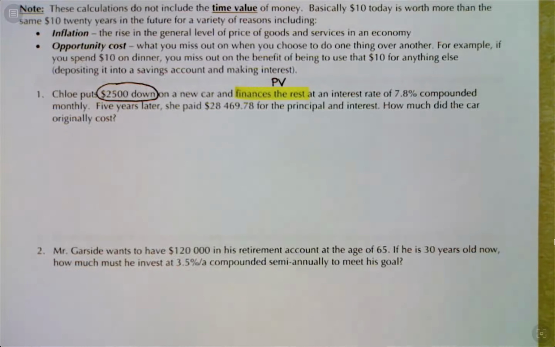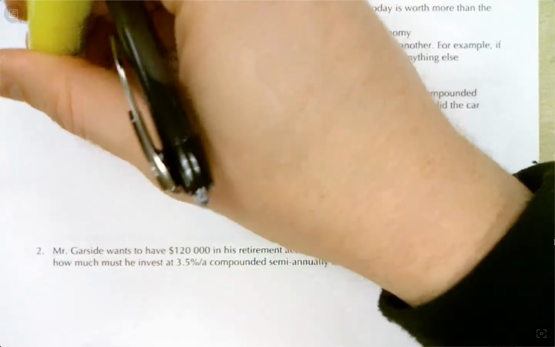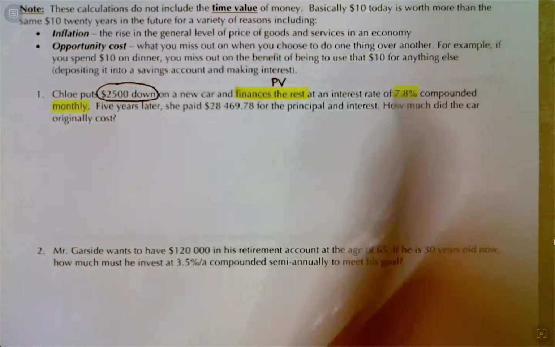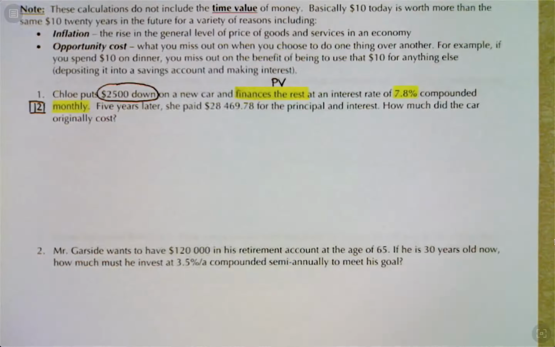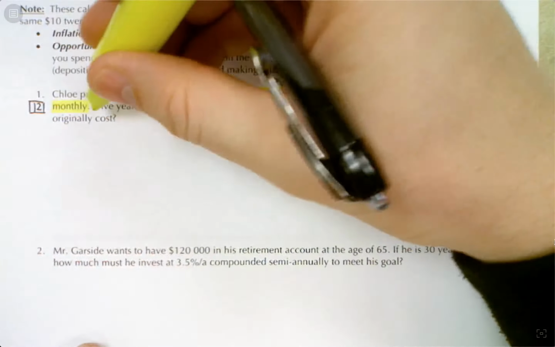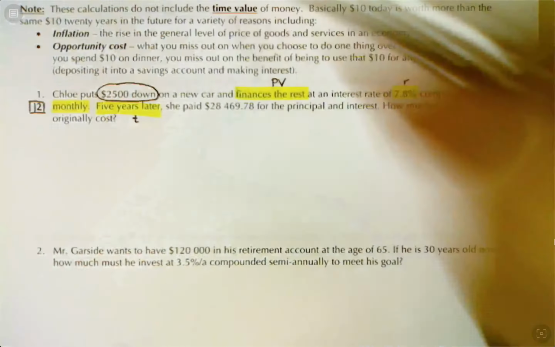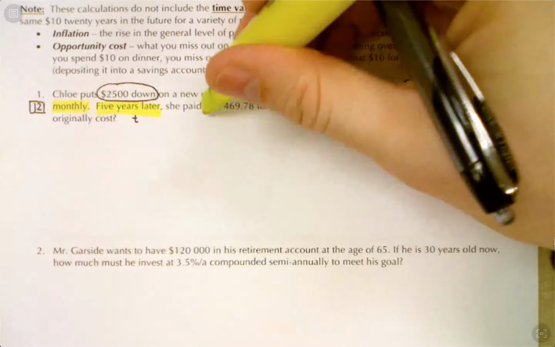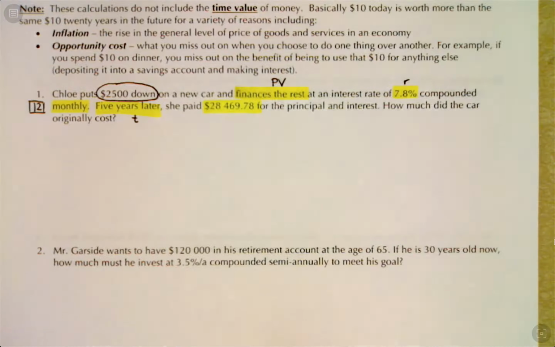Then we have an interest rate, and we know it's compounded monthly, so that magic number we're going to use to find I and N is 12. This is our interest rate. 5 years later, there's your time. She paid $28,469.78 for the principal and the interest.